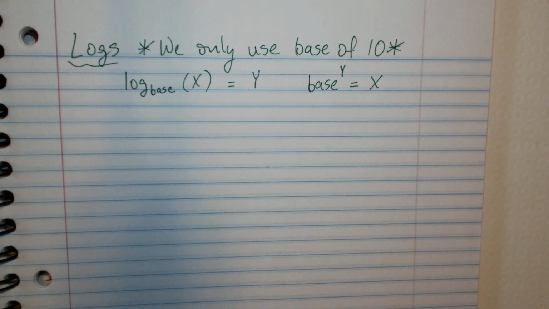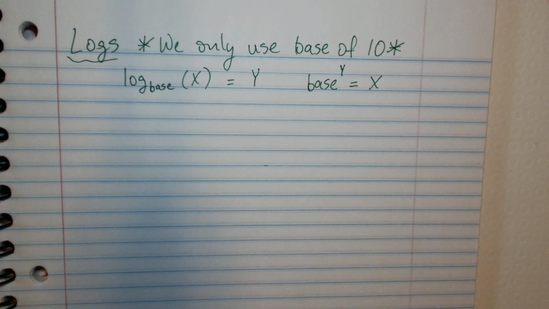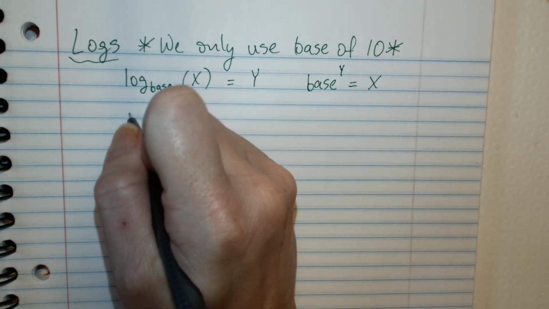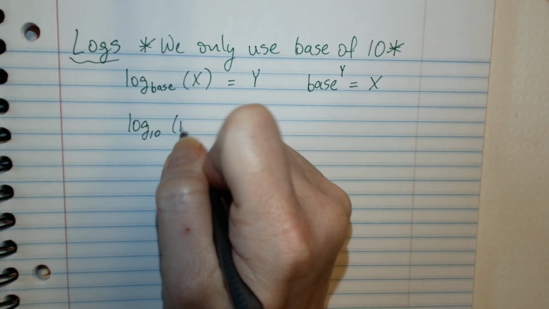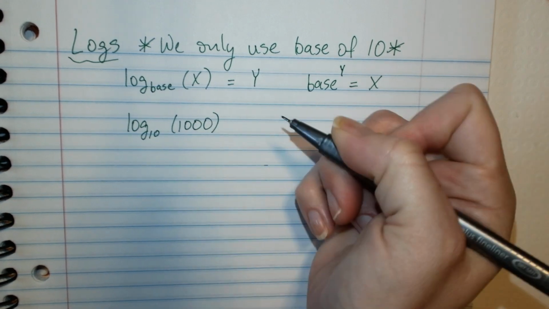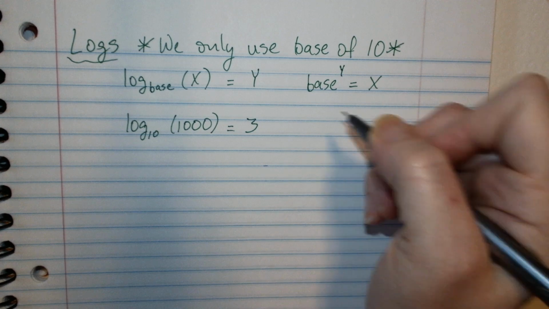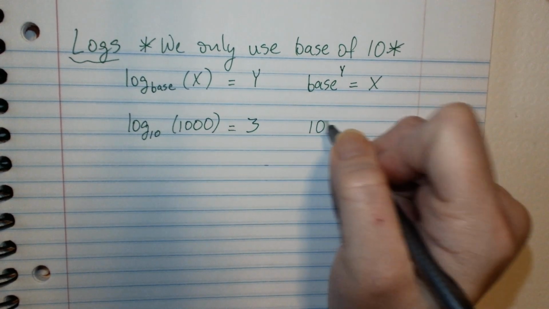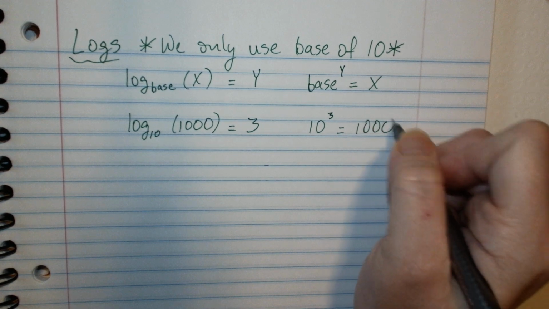Okay, so you can kind of think of it as a way to flip a fraction, so to speak. Okay, so we're only going to use base 10. So if I had something that was log base 10 of 1,000, that would equal 3, because the base of 10 to the third is 1,000.